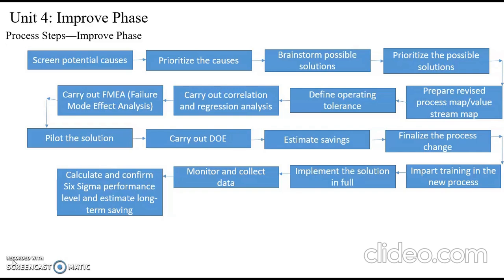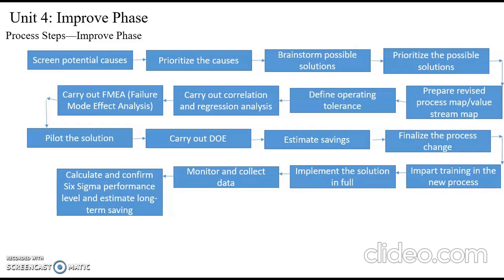And the next step is to carry out DOE. Next step is to pilot the solution. After FMEA, the team should finalize the solution and this solution must be pilot run. It is a very important step.